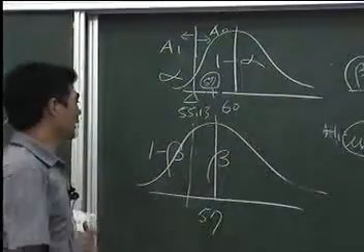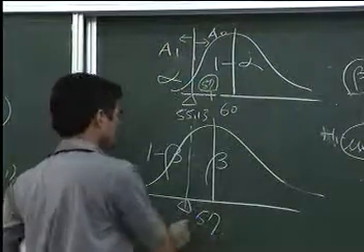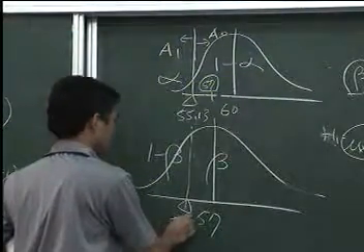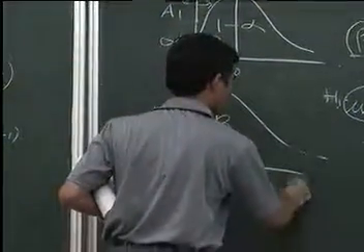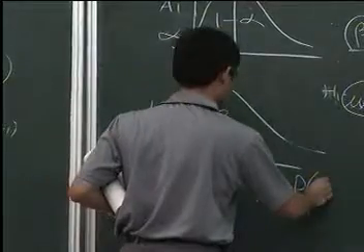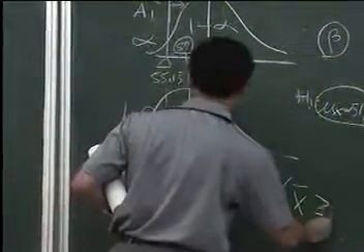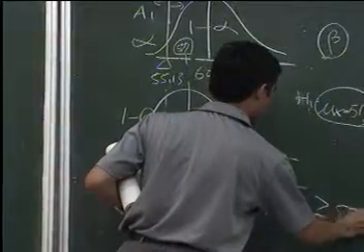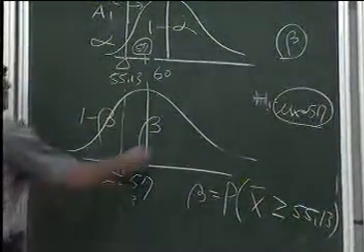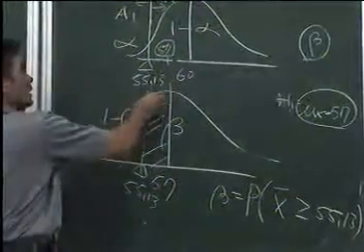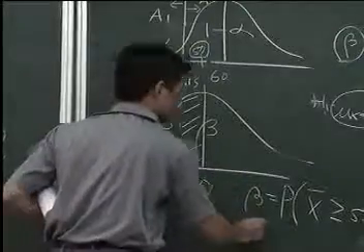And so how to calculate beta? In this case, beta will be equal to the probability of x bar that is greater than or equal to 55.13. So basically, you calculate, you get a z, and calculate, you got this area and then plus.